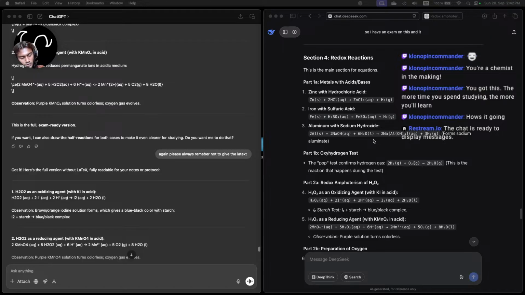Hydrogen peroxide as oxidizing agent: I2, 2H2O, 2H plus.